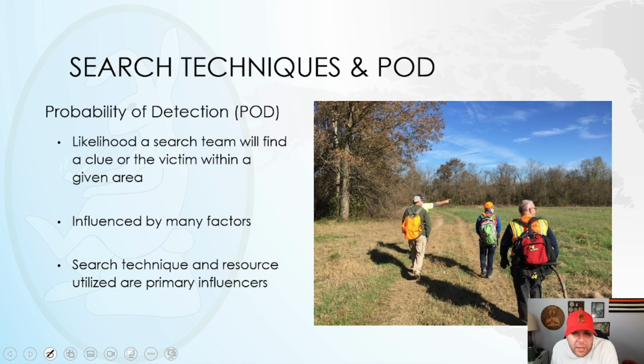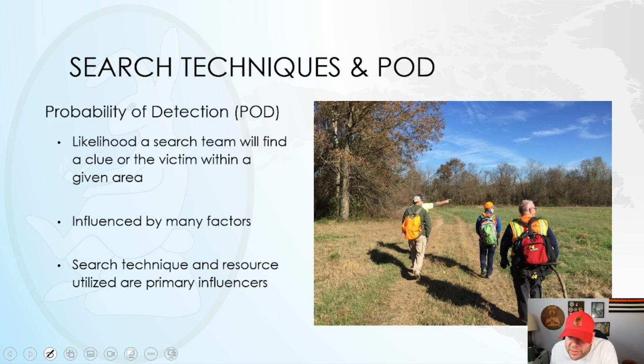So some factors that can influence our probability of detection are the search area size, the resource that's utilized, whether that is a ground team, a canine team, what resource exactly did we put in there, the search technique used, how fast they were going, the speed of the search, terrain, vegetation, the size of the team, the experience of the team, the weather, time of day, how long they've been searching already, what's their fatigue level, and then honestly also the victim's condition.